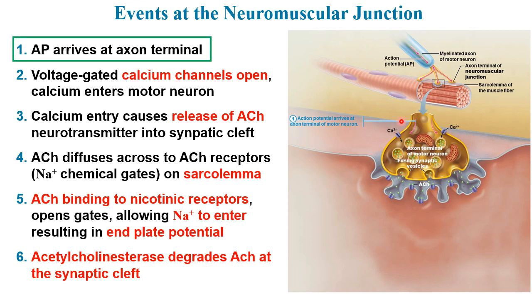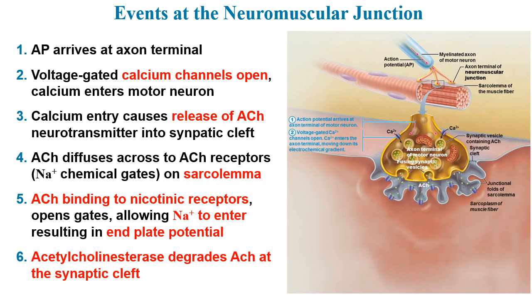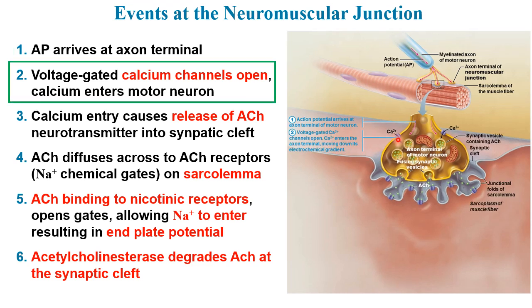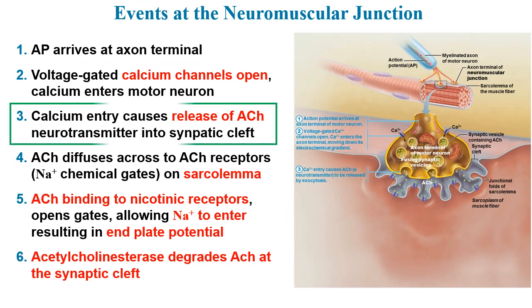First, the action potential gets there. Then you're going to have calcium channels at the nerve axon, at the nerve, it's going to open. Then you're going to have calcium inside of the cell that is going to cause fusion of the vesicles.